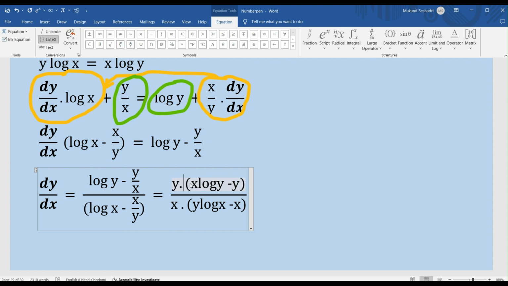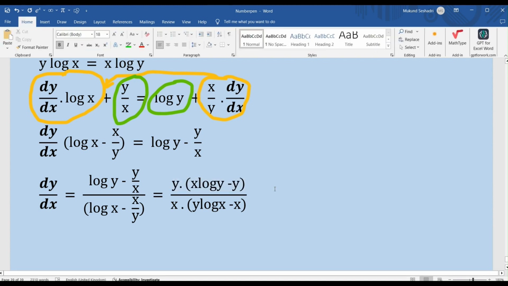So this is what I have. Let's take a glance to see if we have a scope to do any further simplification. So our answer is y times x log y minus y divided by x times y log x minus x, right? I don't think we can do any further simplification.